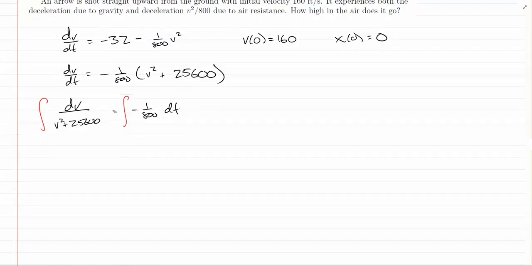Now the integral of the left side here, because it's v squared plus something, partial fractions doesn't help you. This is an inverse tangent. This is going to be 1 over 160, that's the square root of 25,600, inverse tangent of v over 160. And that's going to be equal to the integral of the right side, which is just negative 1 over 800 t plus a constant.